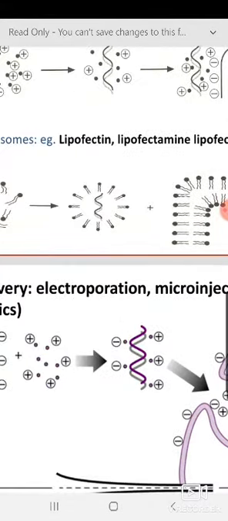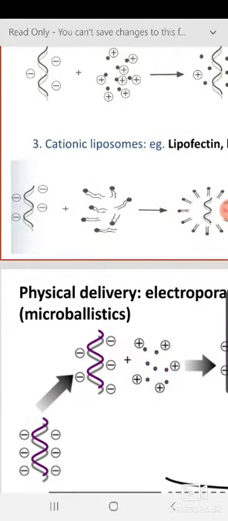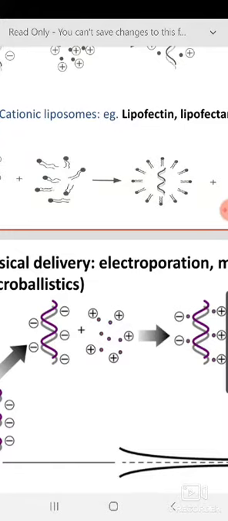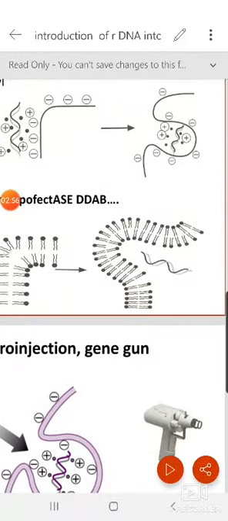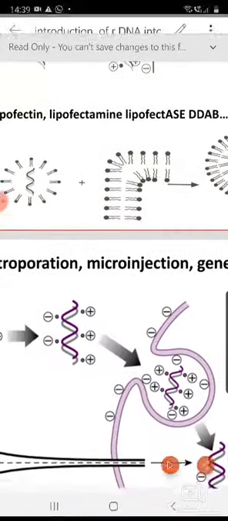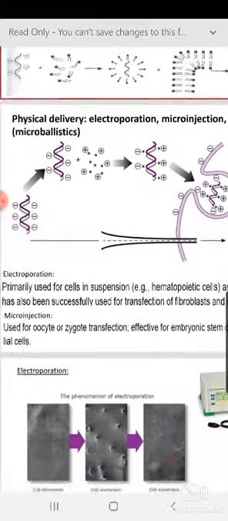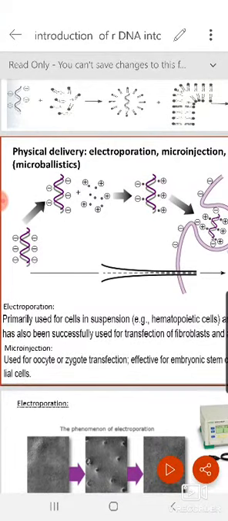Lipofectin is a lipid bilayer, a micelle kind of thing, where inside our gene of interest or our cloned DNA is there, which also induces endocytosis inside the cell. This micelle can get fused easily with the lipid bilayer, and our gene of interest can go inside the host cell.